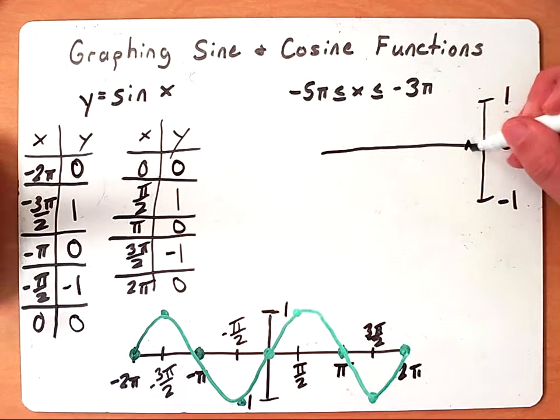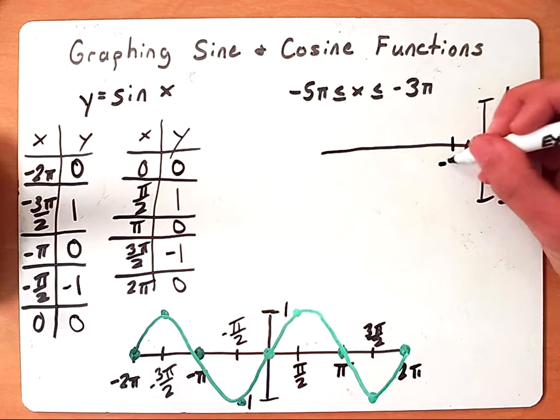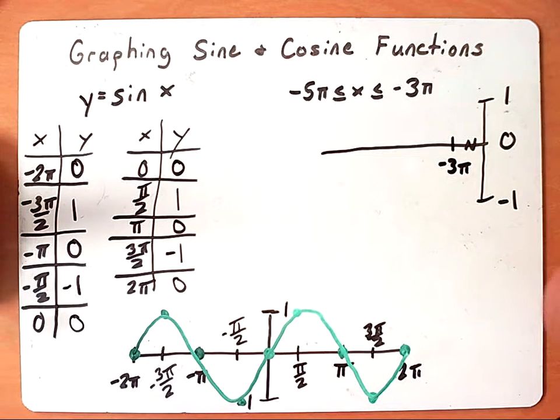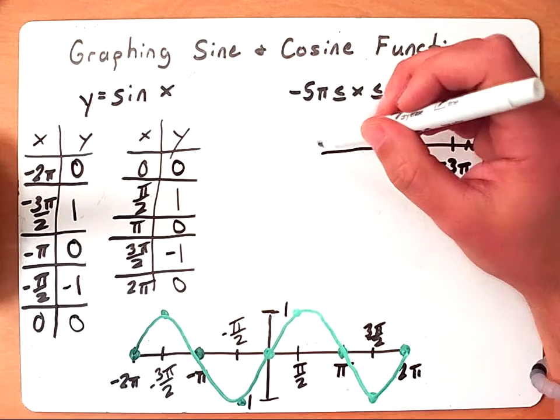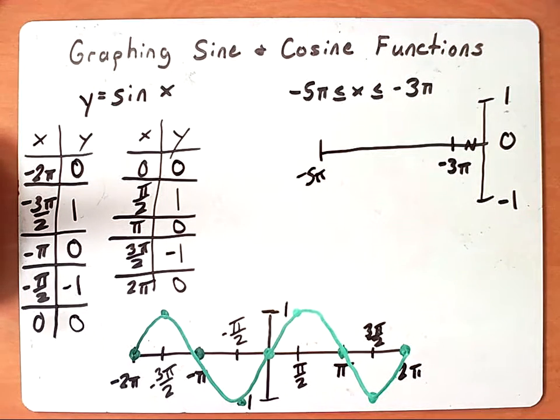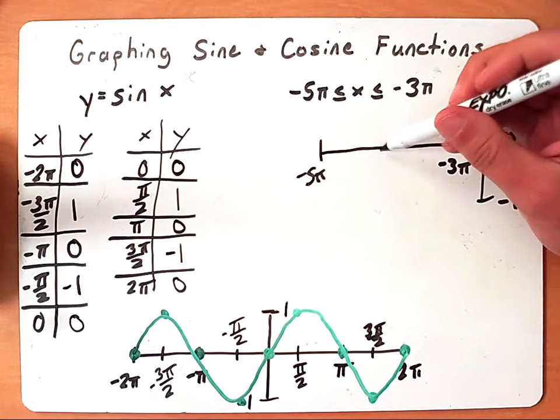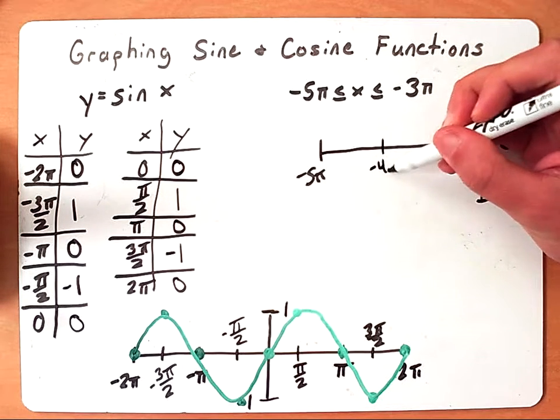All right, I'm going to put my little jagged line letting me know that I'm skipping a little bit forward because we're not actually starting at 0. -3 pi is where we are going to be ending this, and then we'll be out here at -5 pi at the very end. All right, so I want to put a halfway point between these two. So halfway between 5 and 3 on this would be -4 pi.